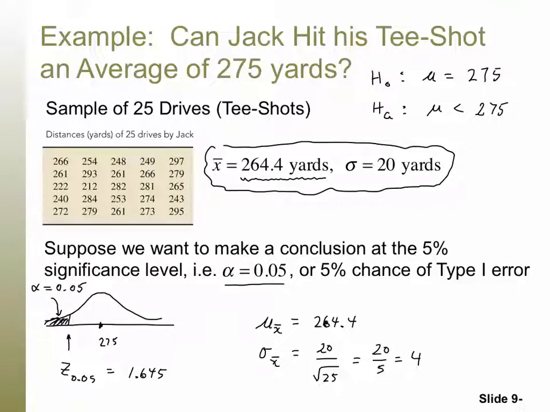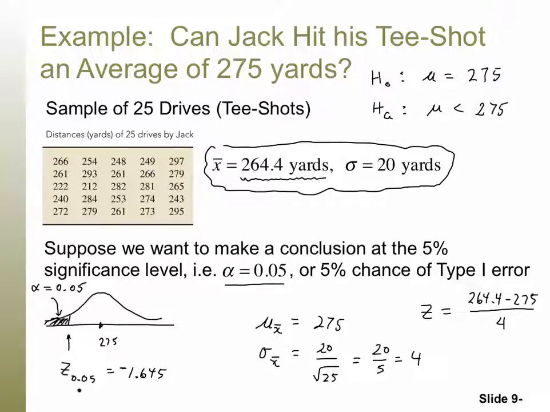Sorry, we're considering 275, and we want the z-score for 264.4. So we're going to go 264.4 minus 275, all over 4. And by the way, the breakpoint should be negative 1.645, right?